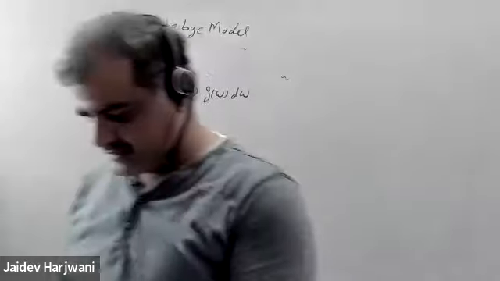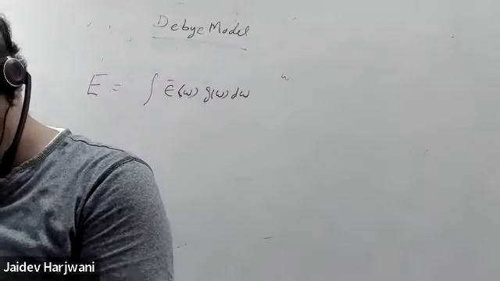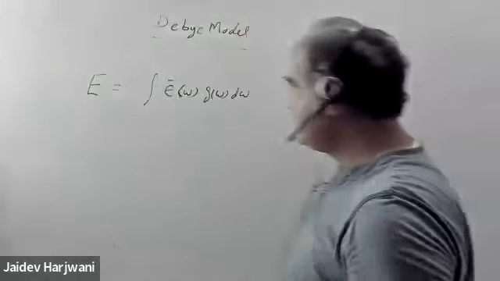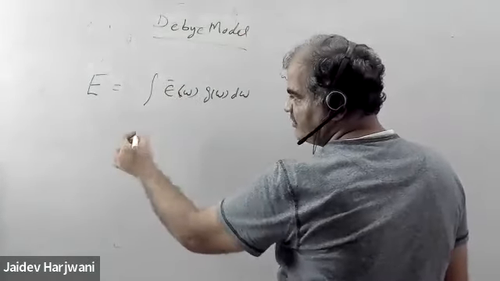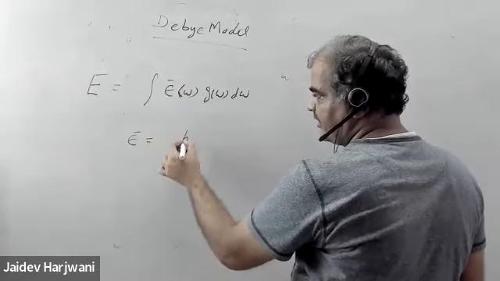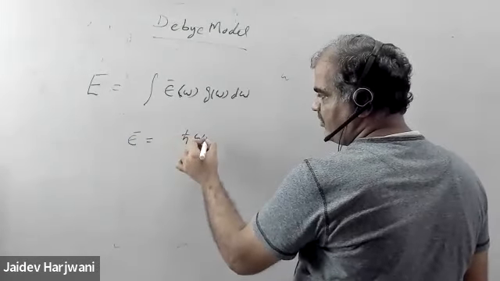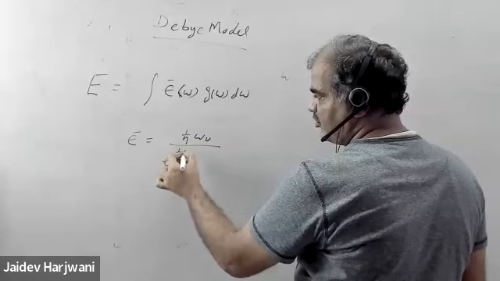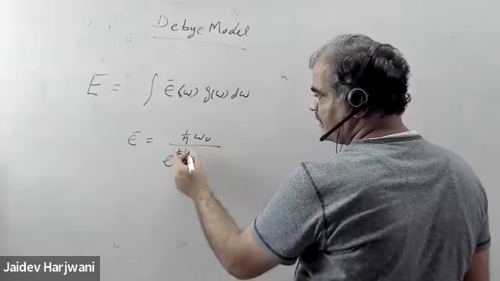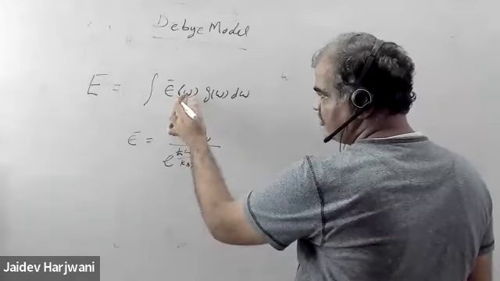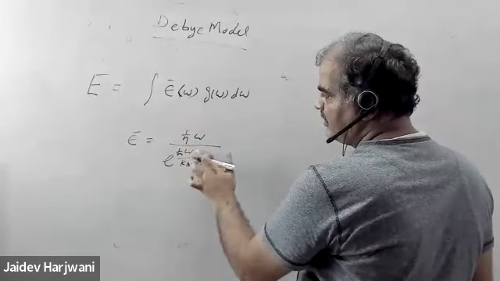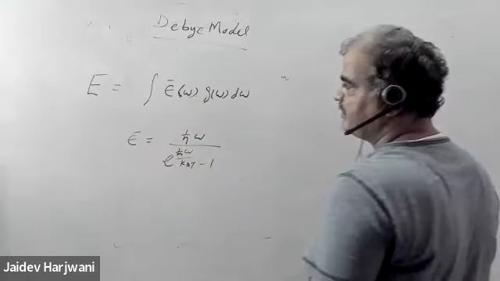Can I write total energy like this? This average energy already you know; it depends on frequency. Just now we calculated it: h-bar omega upon e to the power h-bar omega upon k_B T minus 1. So this is the average energy.